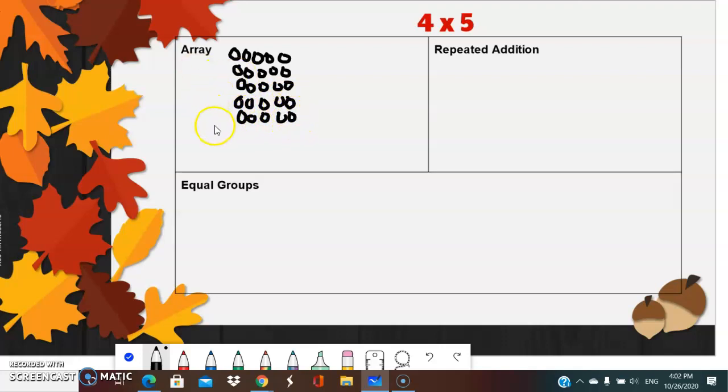This is my array. 4 groups of 5. My repeated addition sentence will be, since I have 4 groups, I need 4 groups of 5.